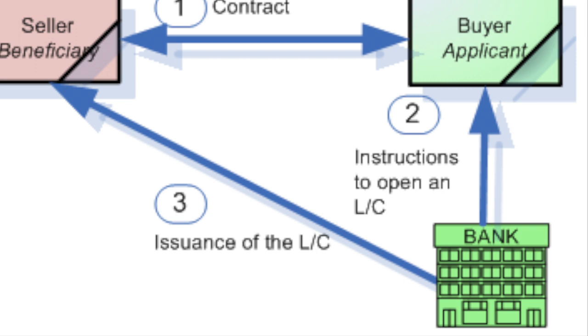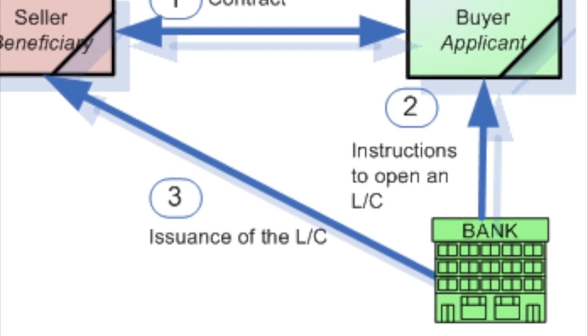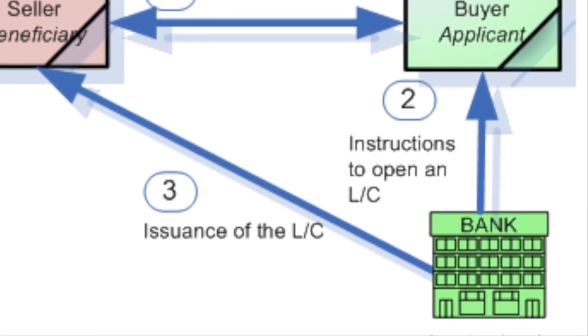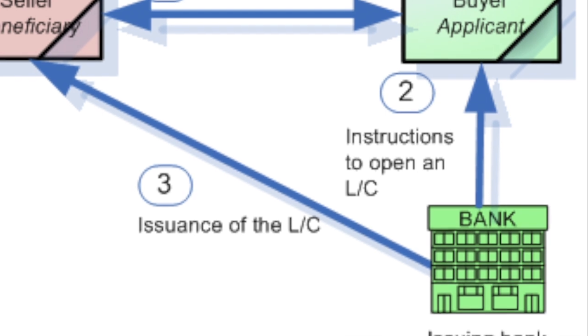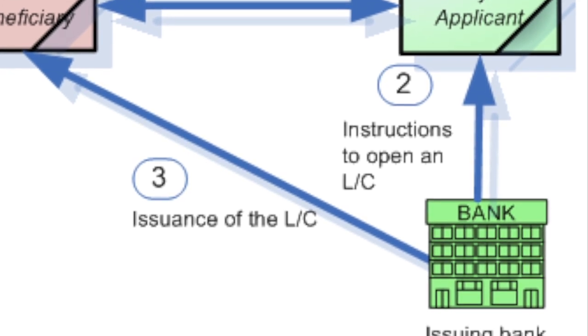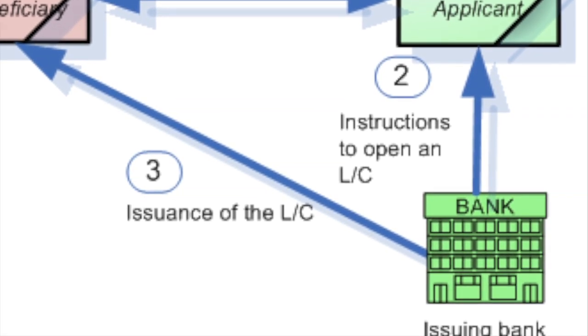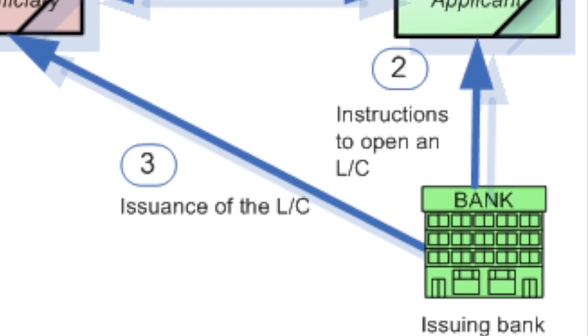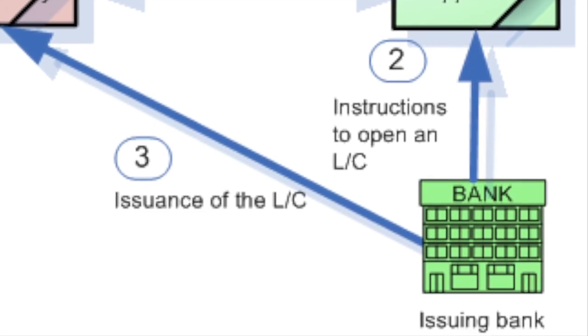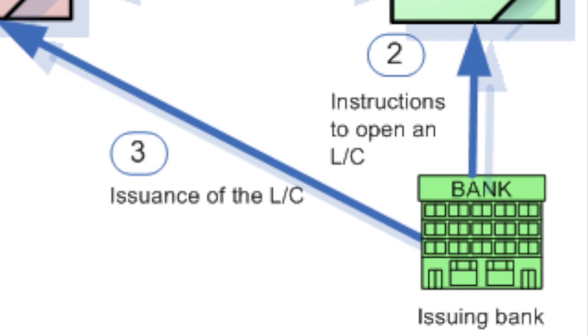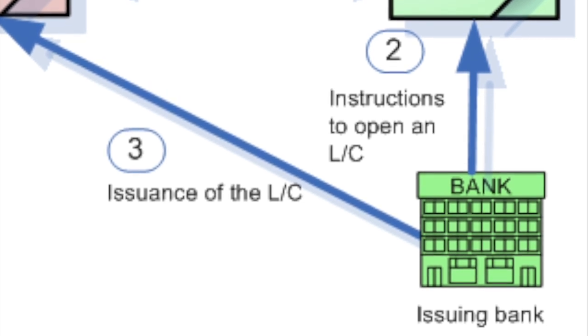The way it works is that the buyer asks his bank to open the letter of credit. The buyer's bank verifies the solvency of its customers and the signatures in the application form. It also ensures that the instructions are clear and complete. The buyer's bank issues a letter of credit and sends it to the seller.